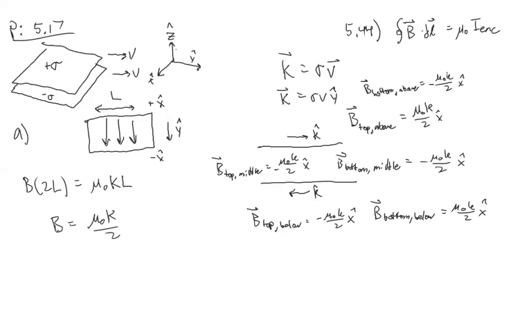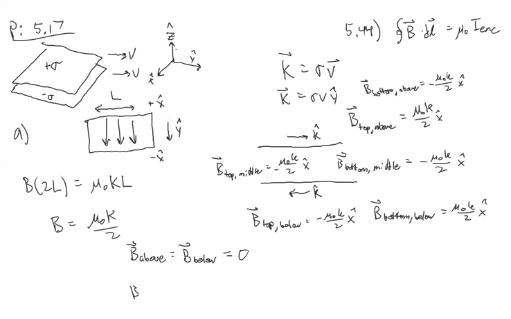So if we find the magnetic field above, middle, below, the magnetic field above is equal to the magnetic field below, which is 0. Since they have the same magnitude in opposite directions, they will cancel each other out.